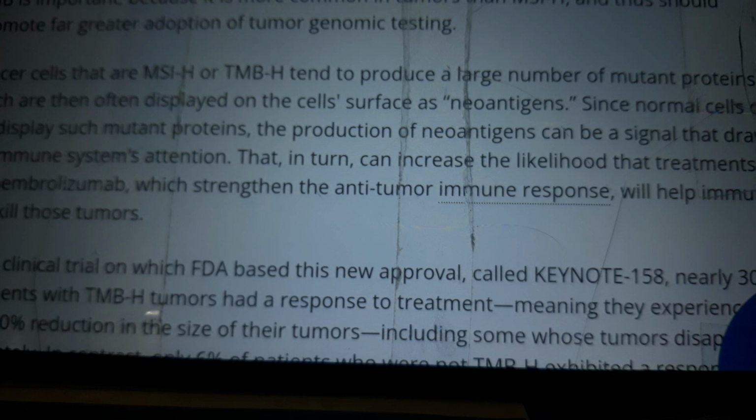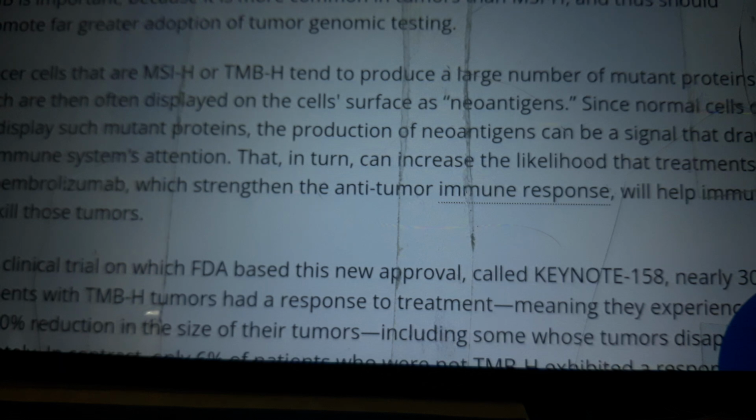Cancer cells that are MSI-H and TMB-H tend to produce a large number of mutant proteins, which are then often displayed on the cell surface as neoantigens.